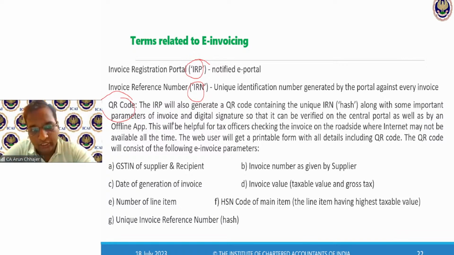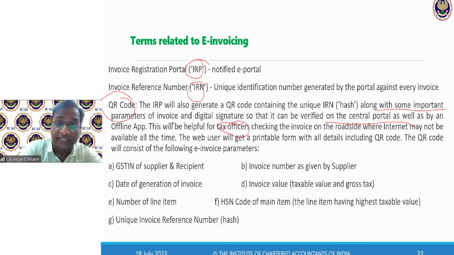The IRP will also generate the QR code containing the IRN. IRN will also be called the hash, along with some important parameters of the invoice and a digital signature, so that it can be verified on the central portal as well as by the offline app. This will be helpful for the tax official checking the invoice on the roadside where internet may not be available at all times.